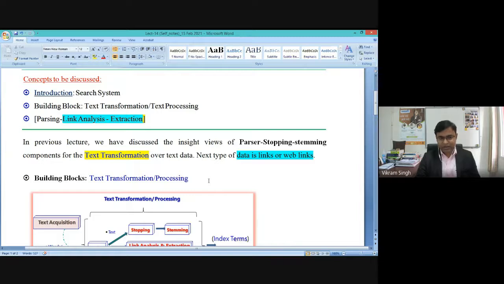Because if you are working on a recommender system or designing a question answering system, you need different types of metrics to define the importance of pages and the authority of a particular page or document, right?